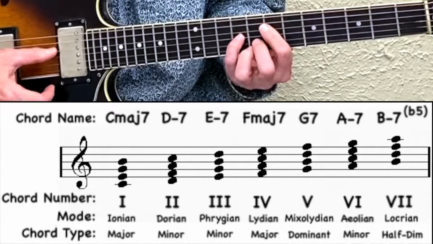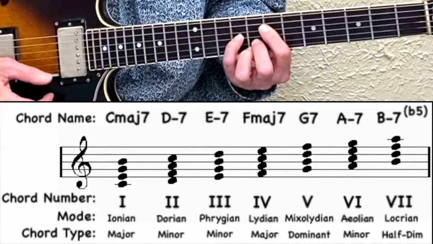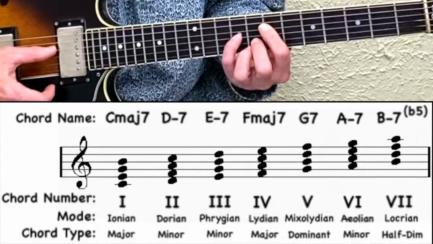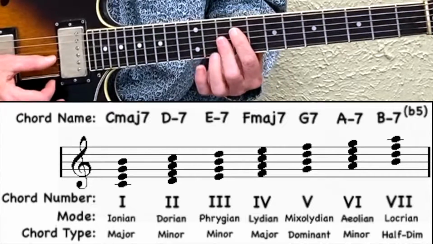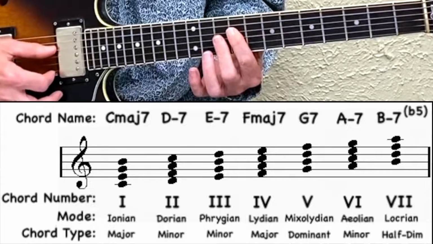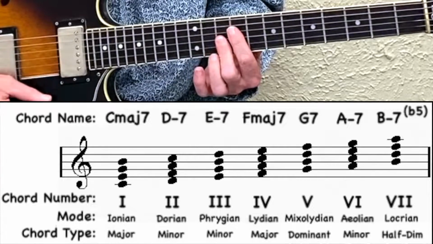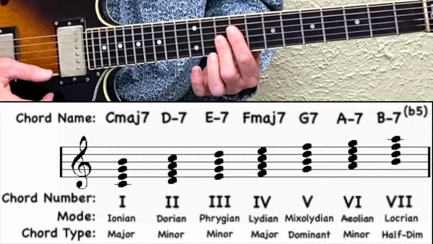6 is A minor 7. The chord type is minor 7. The mode is Aeolian. 7, that's half diminished. It can be written B minor 7 flat 5 or B half diminished. It's all the same. The chord type is half diminished.